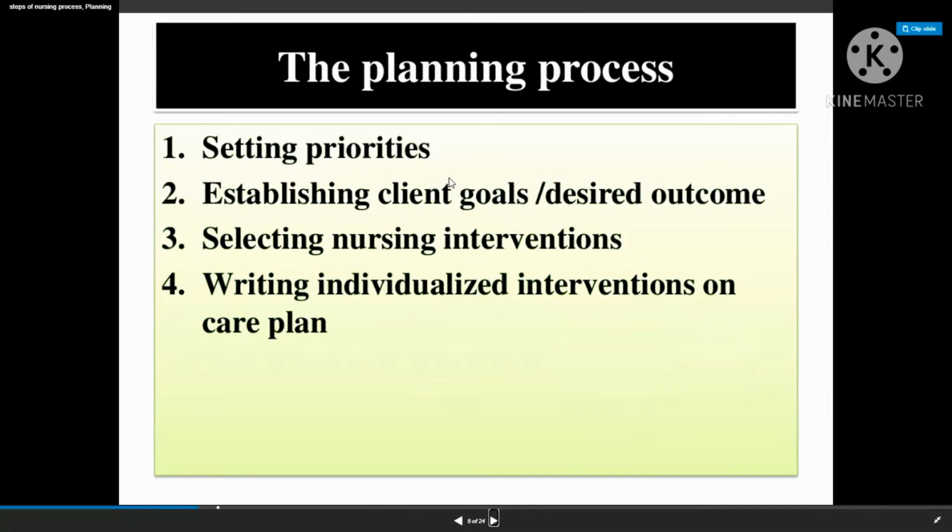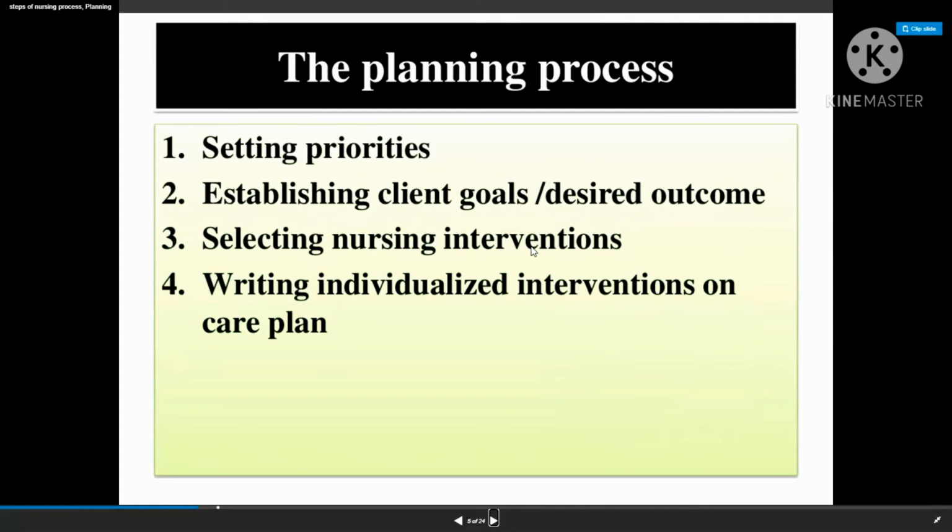The planning process: setting priorities, establishing the client goals and the desired outcome, selecting the nursing interventions, and writing individualized interventions on the care plan. First and foremost, you're setting the priority, then establishing the client goals, then selecting the nursing interventions.